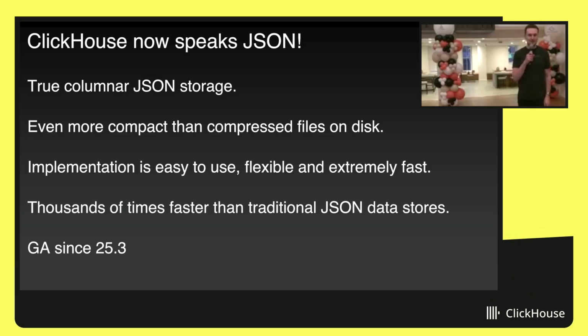So the question is about the difference in performance of insert. Inserts of the new JSON data type will have to spend more CPU to parse these JSONs, to analyze them, to actually spread the data across different files.